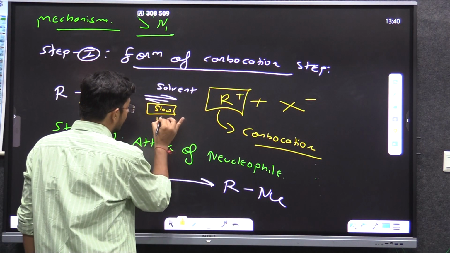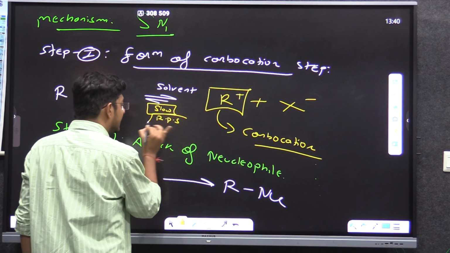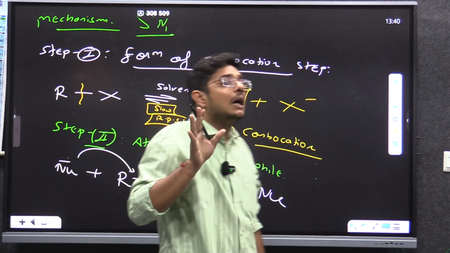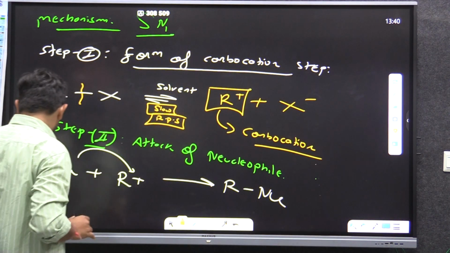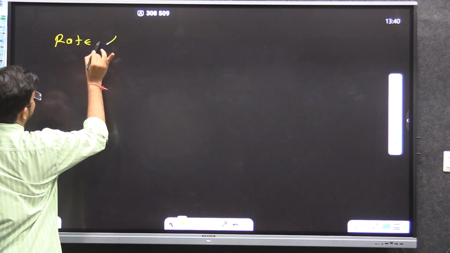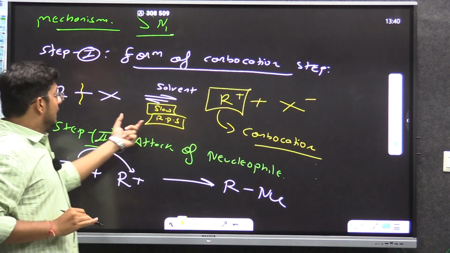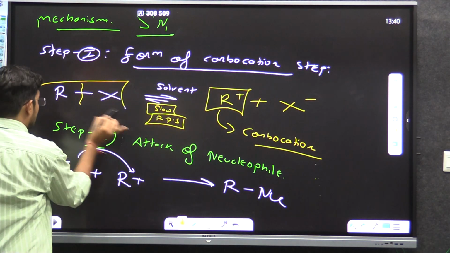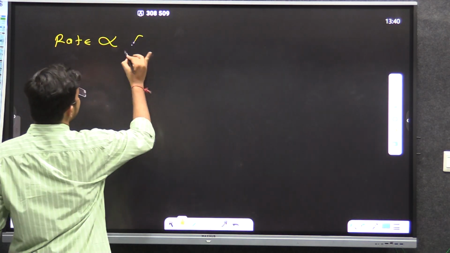So this step is the RDS, the step which determines the rate of the reaction. That means the rate of a reaction is directly proportional to step number 1, or you can say directly proportional to the nature of alkyl halide.